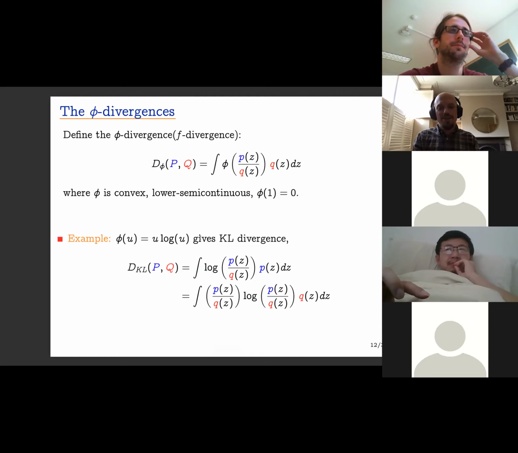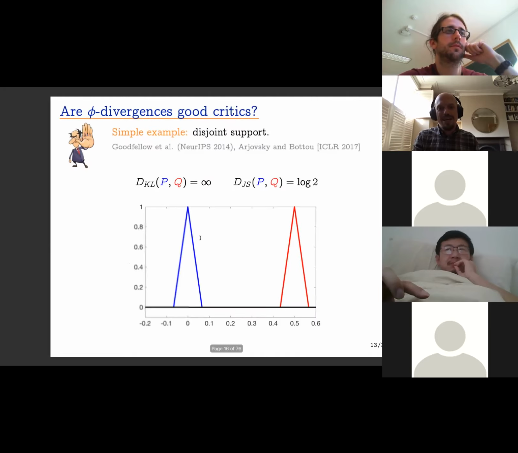Okay, so let's say that we're using the KL divergence, and our goal is to use this divergence as a way of training a generative adversarial network. What might happen? So here is an instance. These are actually the density functions generating on one hand blue points and on the other hand red points.